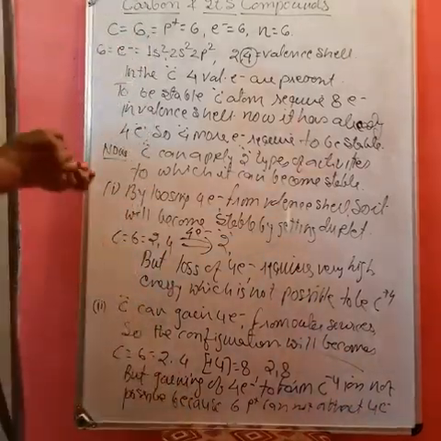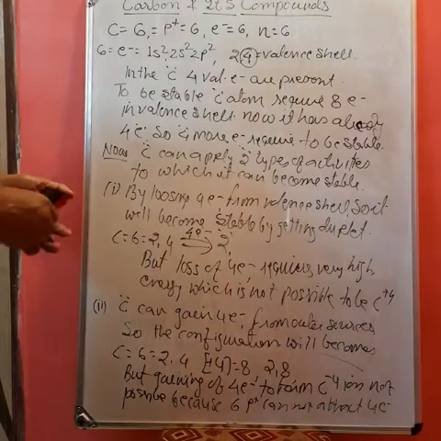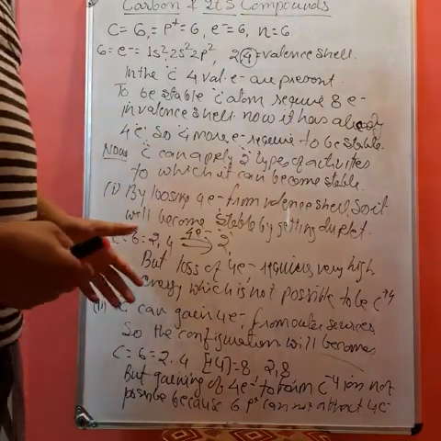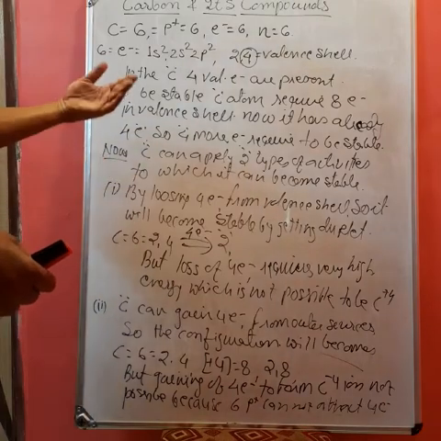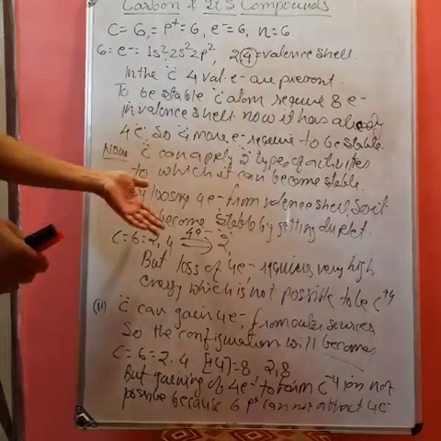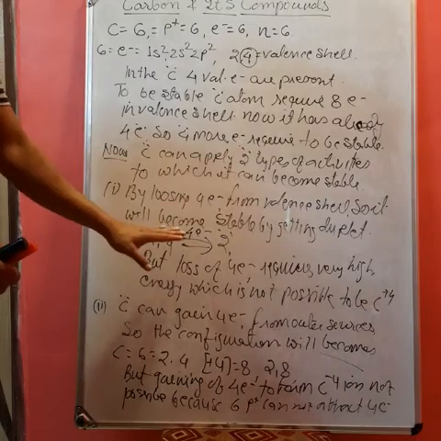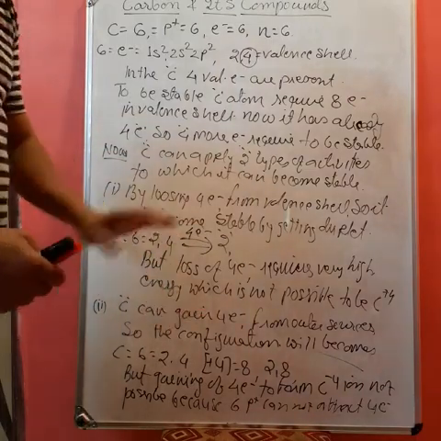This means there are 2 chances by which it can acquire the noble gas electronic configuration, which is 2, that is duplet, or 8, that is octet.